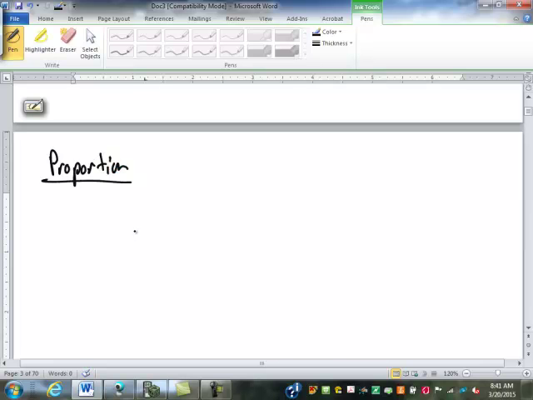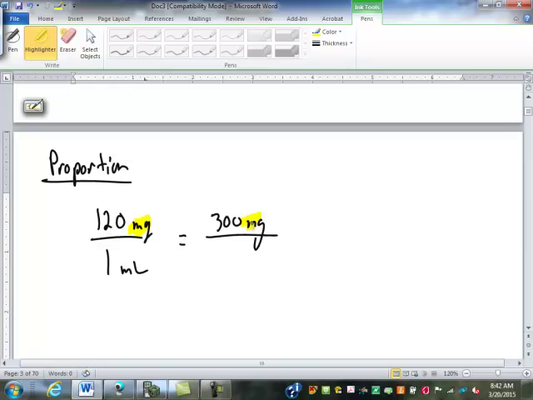And for the proportion, we use the on-hand dose in the vehicle, and then we use that to convert to the doctor's orders. So what we have is the 120 milligrams per 1 milliliter. And we're going to use that to convert. Well, what other information do we have? Well, we have 300 milligrams is ordered. We know that has to go on top because in a proportion, the units have to match up.